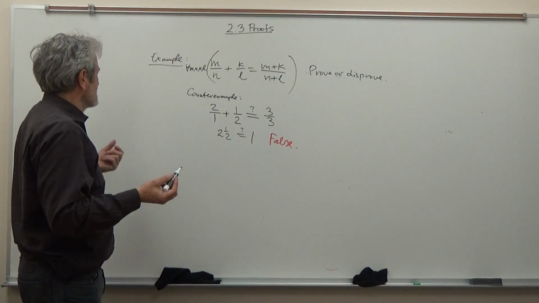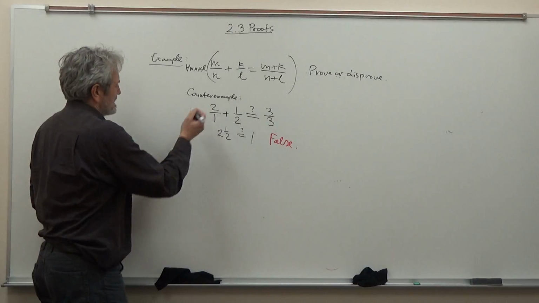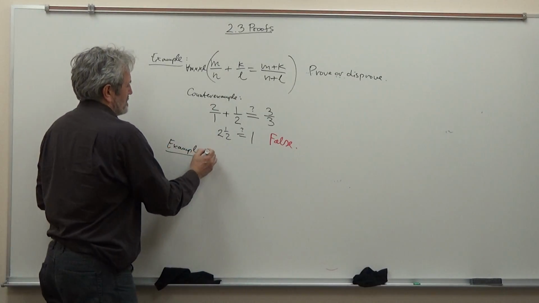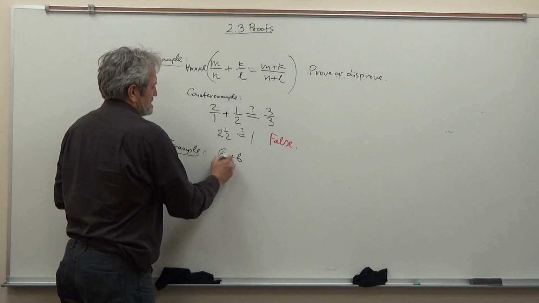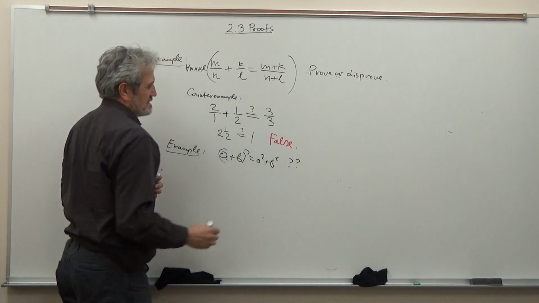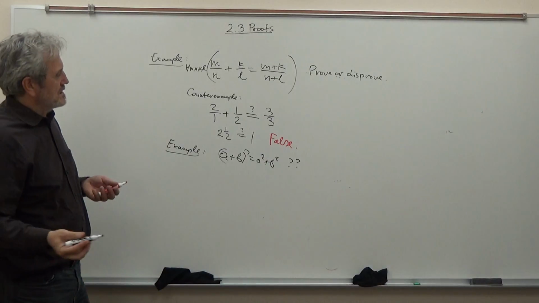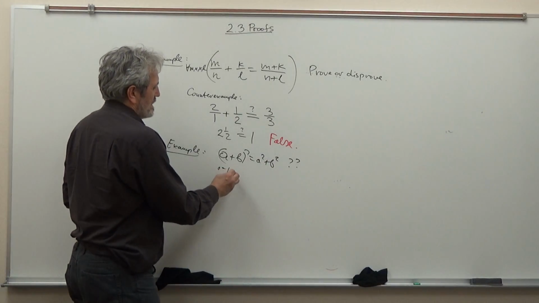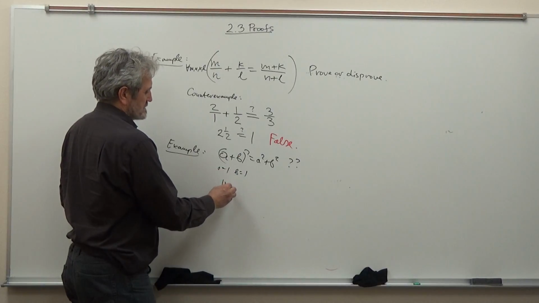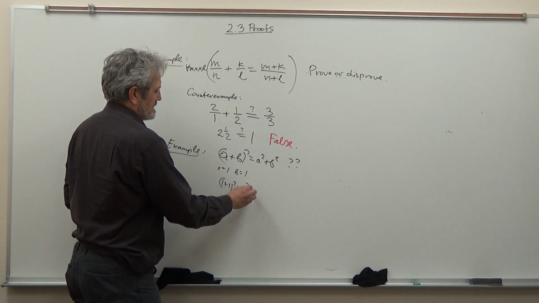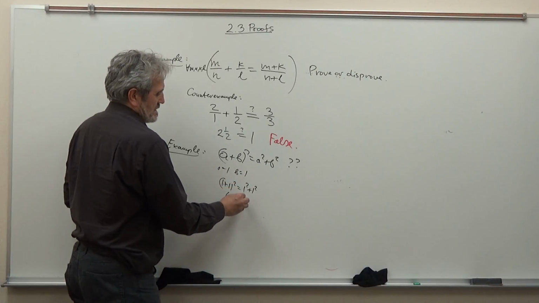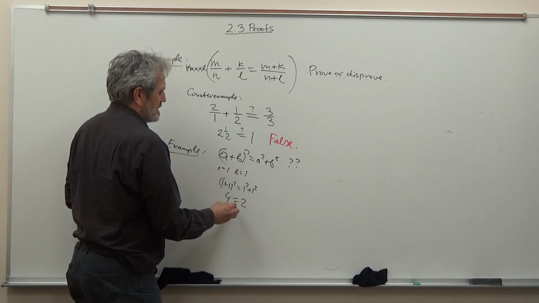The same way, for example, when you want to convince someone, it's not about rational numbers. When people say (a plus b) squared equals a squared plus b squared, is that a valid law? Then you just take an example and say a equals 1, b equals 1. When you plug it in, you get (1 plus 1) squared equals 1 squared plus 1 squared. 1 and 1 is 2, squared is 4, equals 1 and 1 is 2.